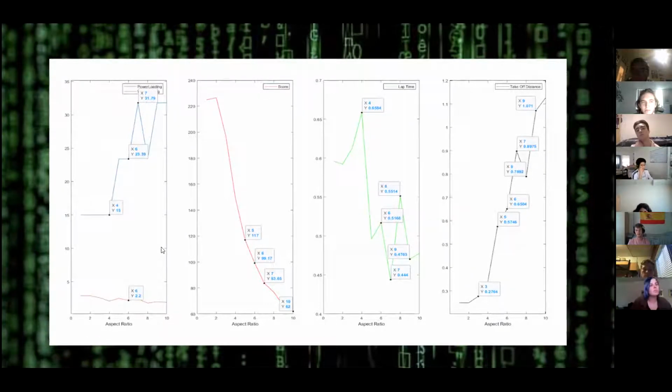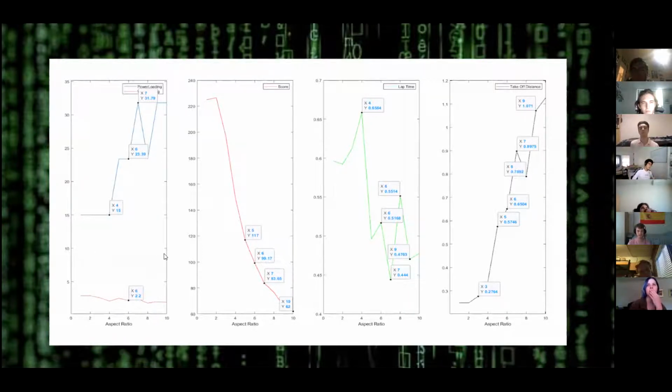So the problem we ran into initially was that the code was giving us some pretty wacky numbers for power loading and wing loading. And so if you can see on that first chart there, the wing loading doesn't vary too much with the aspect ratio from the model we used, but the power loading did. And so just based off reasonability, 6 as opposed to anything lower, you get a drastic drop off in power loading, which didn't make much sense.